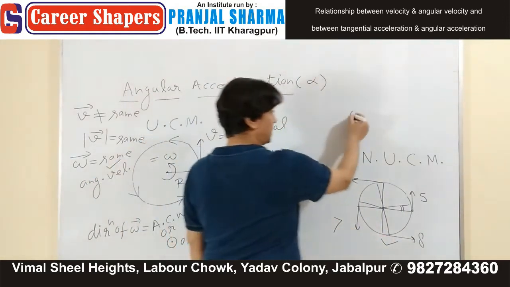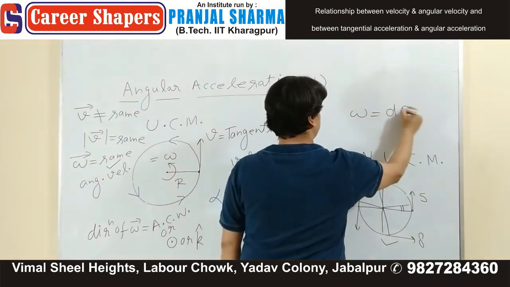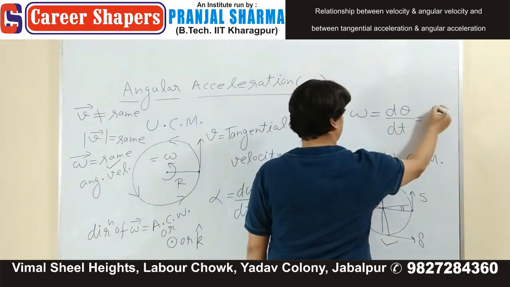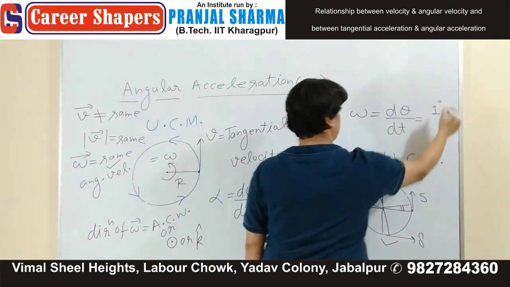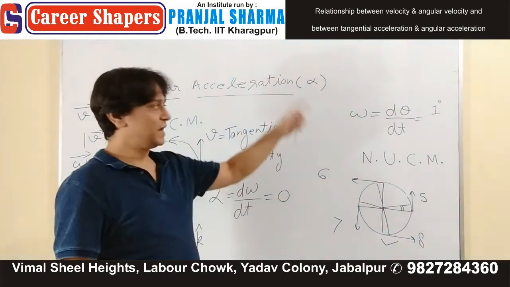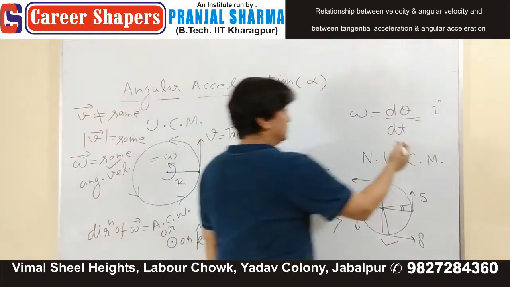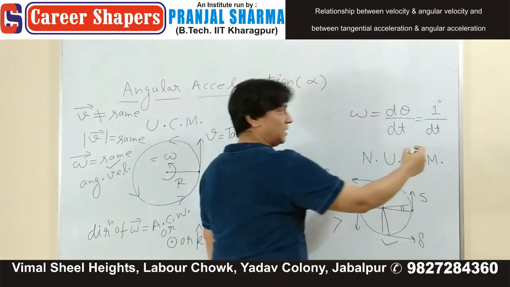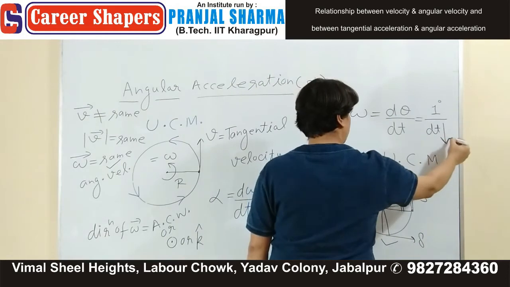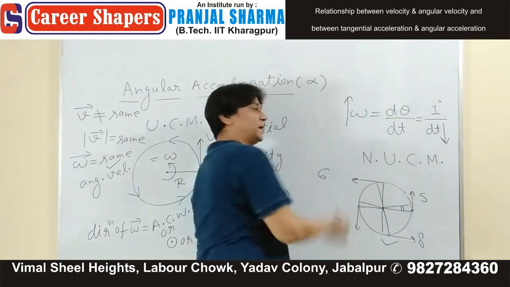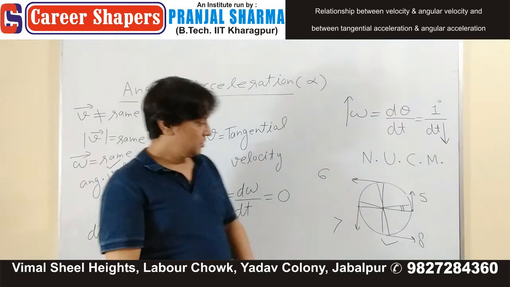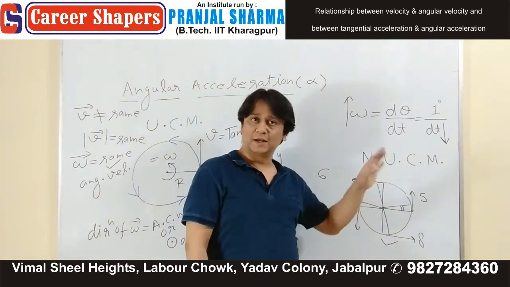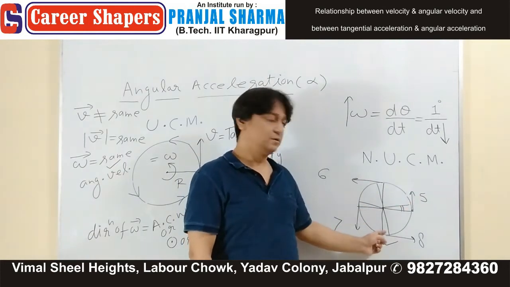So what is omega? Omega is d theta by dt. And what I gave you d theta is kind of 1 degree, just for your understanding I made it 1 degree. As your dt part becomes smaller, what will your omega become? It will become larger. You're moving fast with it, and therefore it will take you less time to cover this angle.